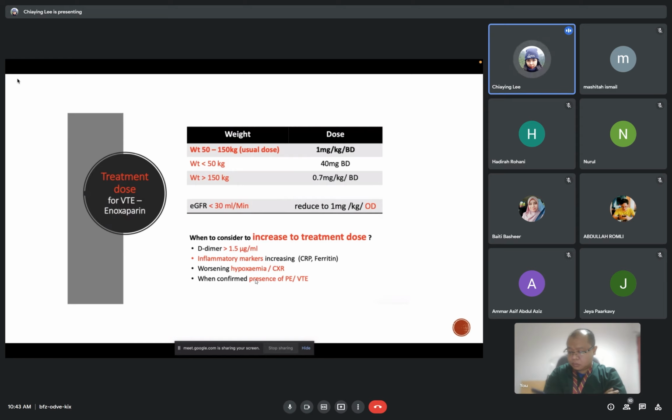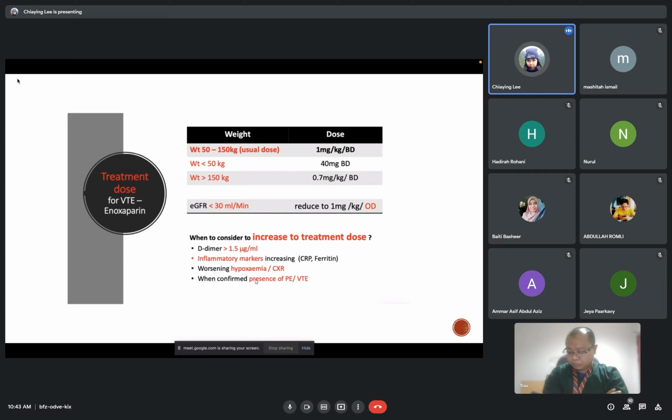Okay, and here's the table for treatment dose. It follows the weight as well, 50 to 150, we give 1 milligram per kilo BD. And then less than 50 is 40 milligram BD, more than 150 kilo, 0.7 milligram per kg BD. If eGFR less than 30, we reduce the dose to 1 milligram per kilo OD.